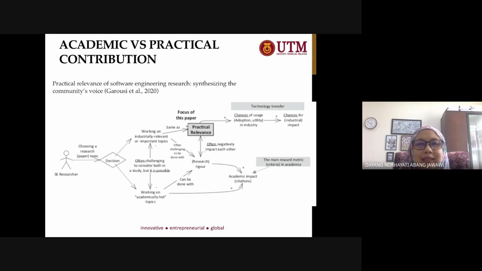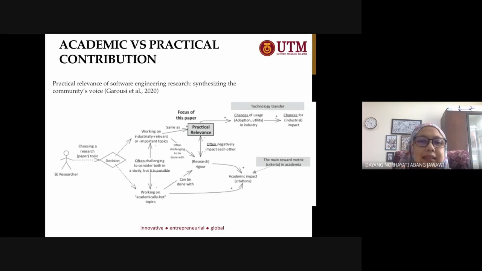Hot academic, because in academic we have a bubble of technology that will pop up, then we will marry the bubble together with software engineering problem. Like for example, now the big bubbles coming out like data science, blockchains, and so this academically hot topic can be integrated in software engineering problem solution. Okay, so that's what we call working with academically hot topic.